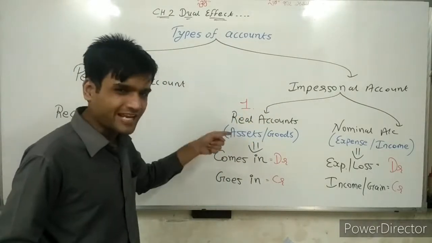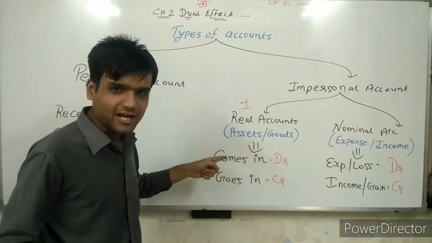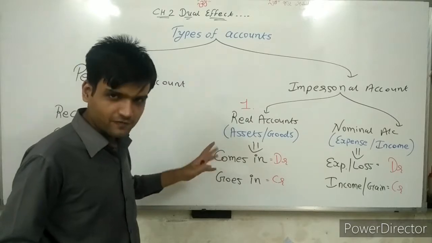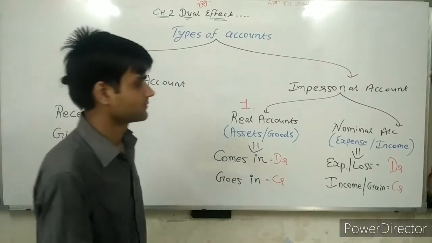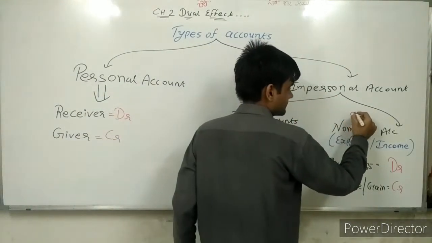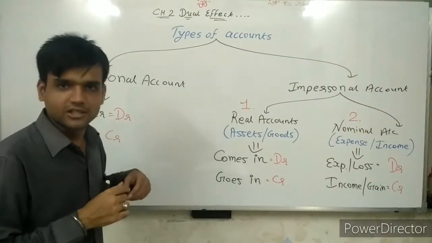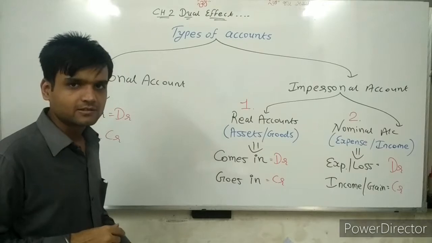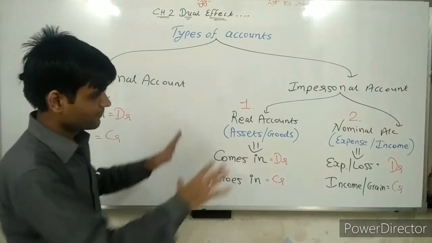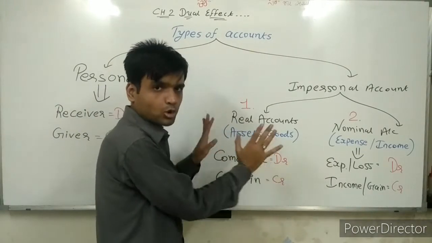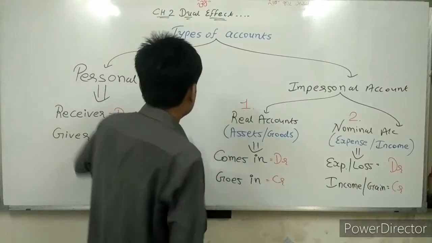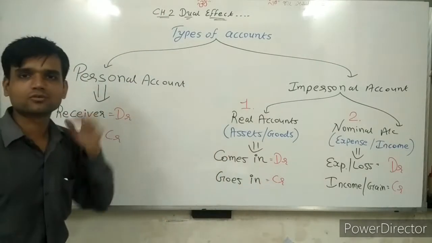First step, check it. Is it a real account? If yes, then apply that rule. Second, check it. Is it a nominal account? If yes, then apply it. And if here both rules are applied, then don't check personal account.